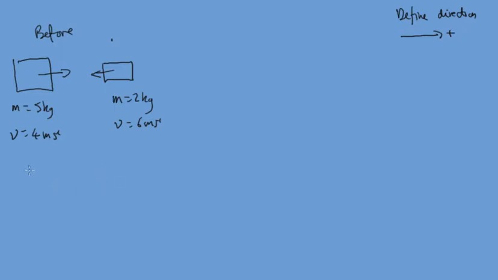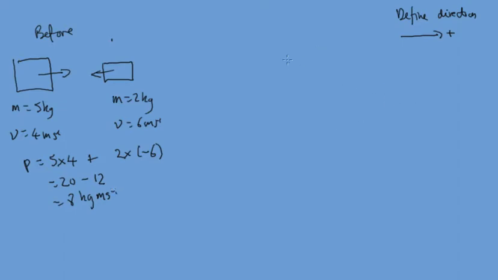So the momentum in this situation is going to be 5 times 4 plus 2 times minus 6, because that velocity will be negative. So that's going to be 20 minus 12, which gives us a momentum of 8 kilogram meters per second.